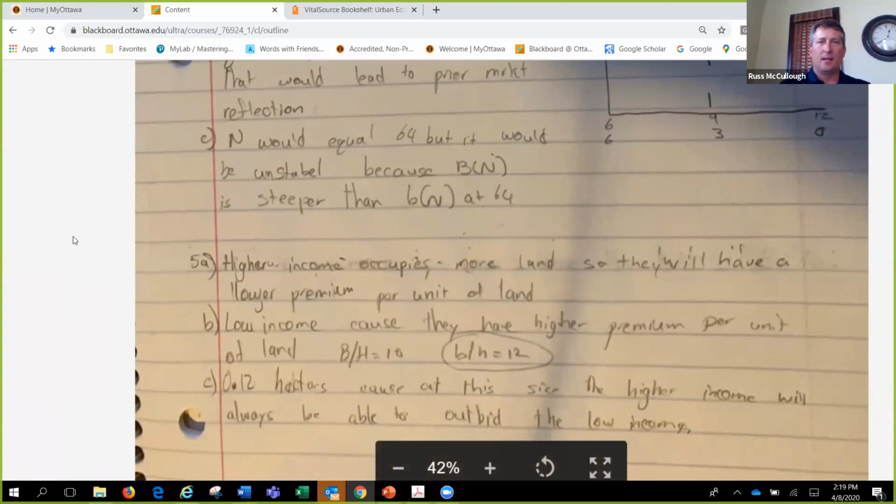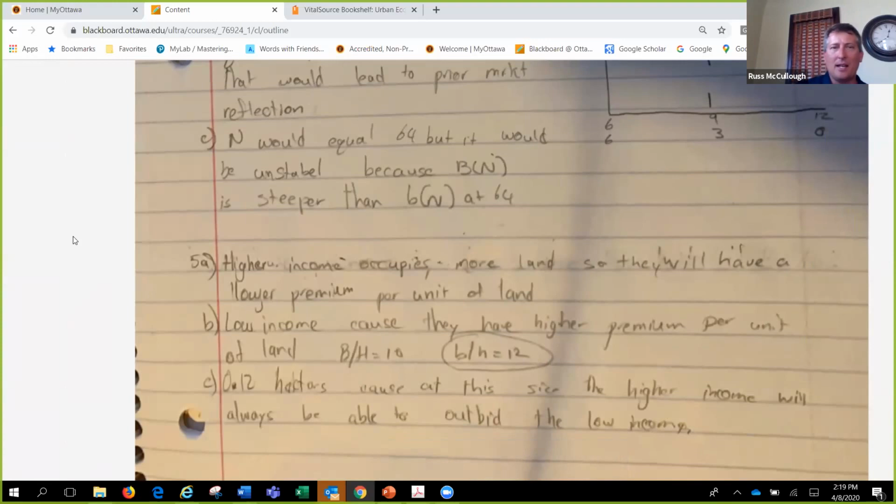Your part B says low income because they have a higher premium per unit of land. Big B over H equals 10 versus 12. Okay, so what does that mean? Maybe you should all take a stab at this, even if it's a guess.